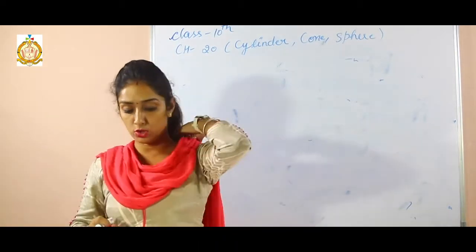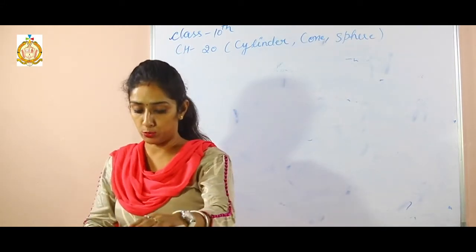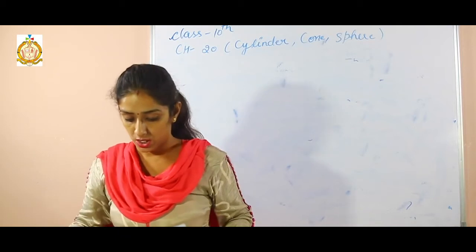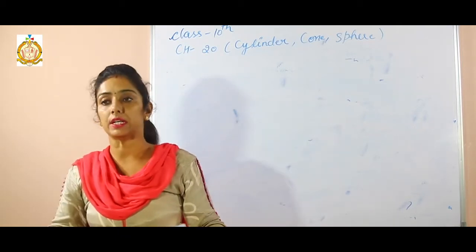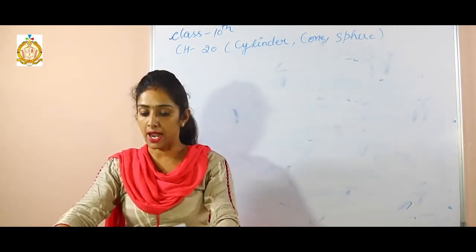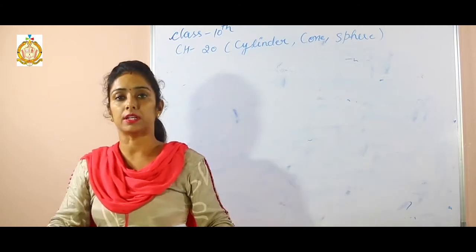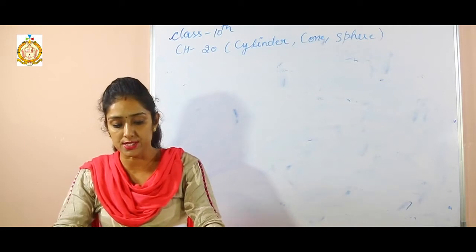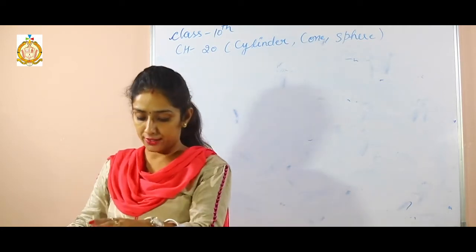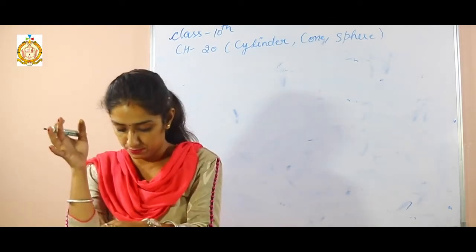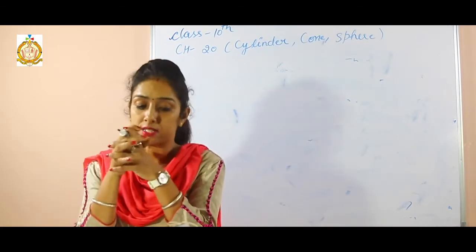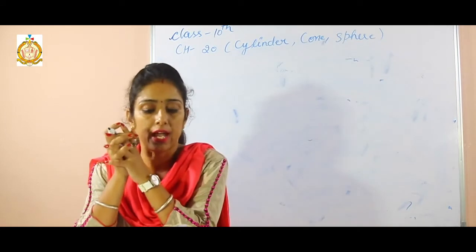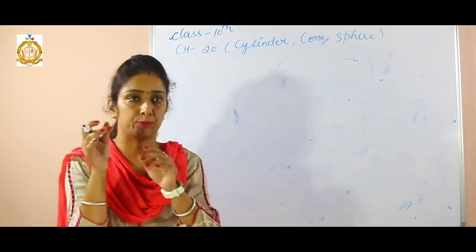See question number 4. How many cubic meters of earth must be dug out to make a well 28 meter deep and 2.8 meter inner diameter? Also find the cost of plastering its inner surface at 4.50 per square meter. So students, here first of all what is given? Radius is given and height is given.